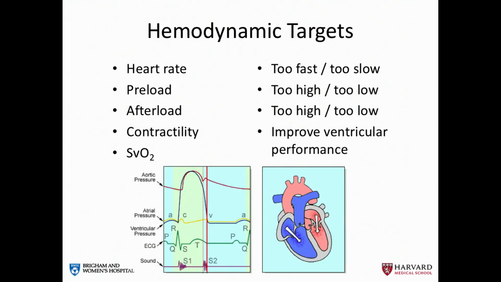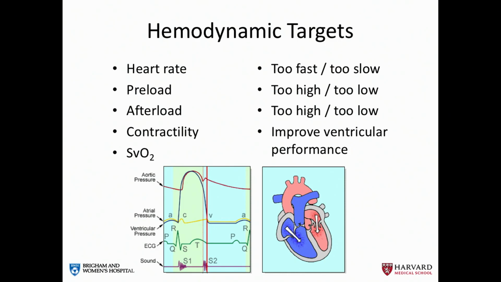And when we think about those, we can think about the targets, because obviously we're obtaining these measurements so as to adjust whatever we're doing therapeutically for the patient. We can think about each one of these things as being either too fast, too slow in regards to heart rate. If preload, it could be too high or too low. Do we add or do we take away?